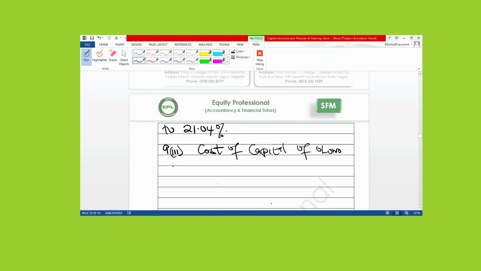Weighted average cost of capital of geared is equal to WACC of ungeared, brackets 1 minus value of debt multiplied by the tax rate over value of equity plus value of debt.